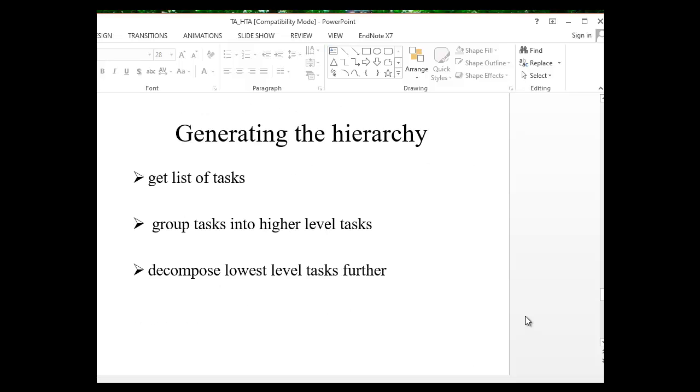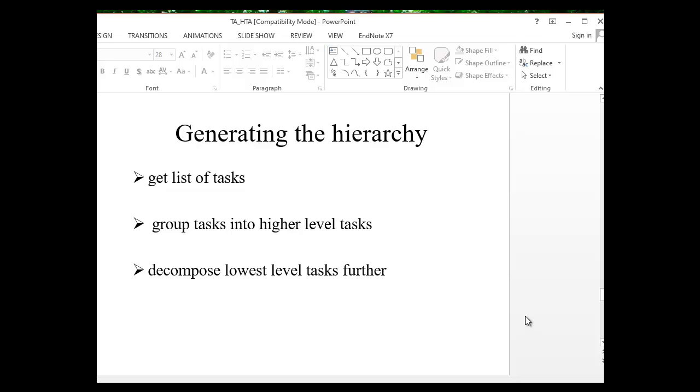For better understanding, on generating the hierarchy, here I have included some important points. First, get a list of tasks. If there is more than one task, write them down and follow a method for each. Second, group tasks into higher level tasks.